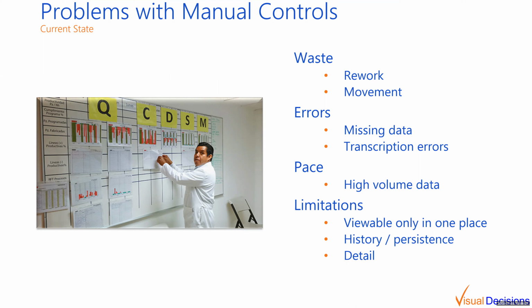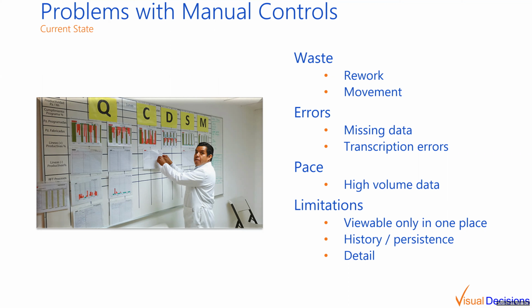As I mentioned earlier, at a lot of companies these are tracked in a manual fashion and displayed on these boards, with people either coloring in the sheets themselves or printing them off from Excel and posting them up. On the one hand, they're great because they're color coded. You can immediately see whether the status is green or red for any metric. It's very visual. It's very easy to see where the problems are. But again, this can be done in a much more automated fashion with a lot less waste in the process.